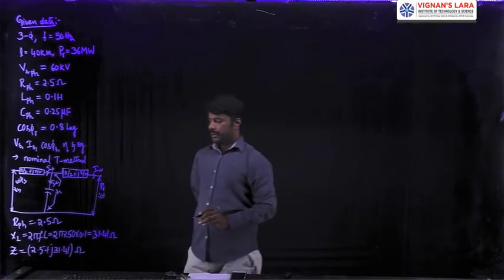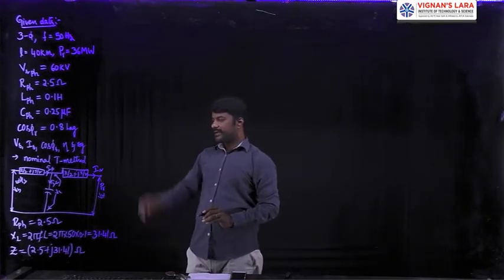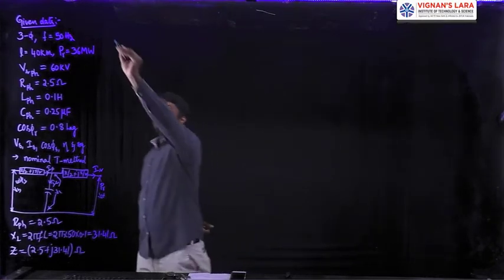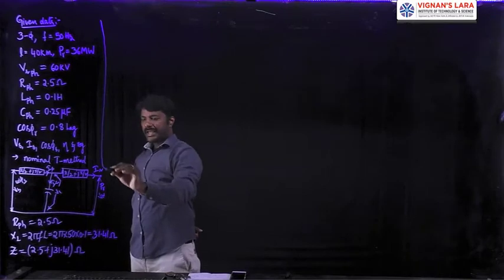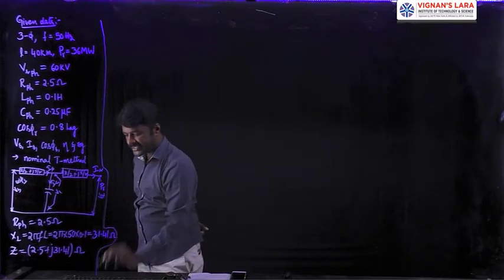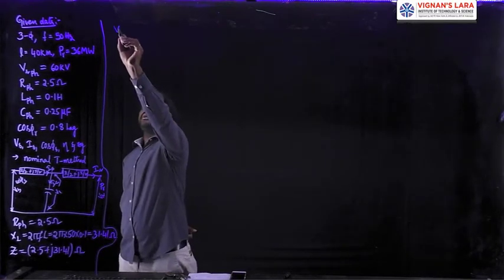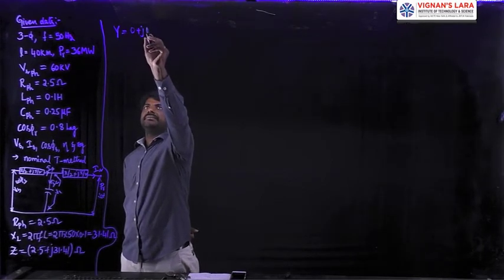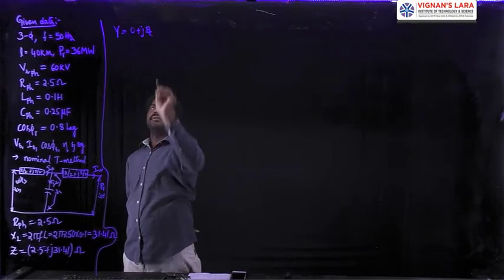Okay, and the next what we want is a shunt admittance called capital Y. What is capital Y? In our calculation, capital Y is equal to 1 by XC, called 0 plus j BC. Okay, then what is BC?